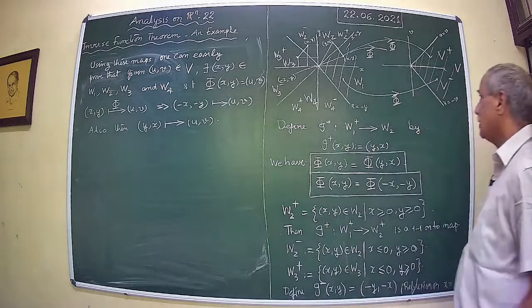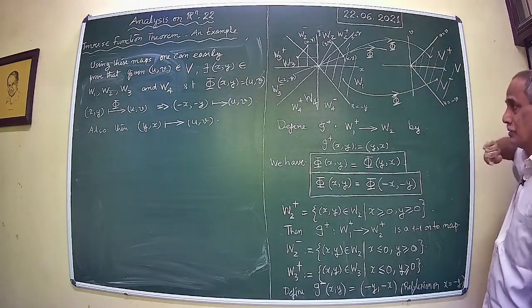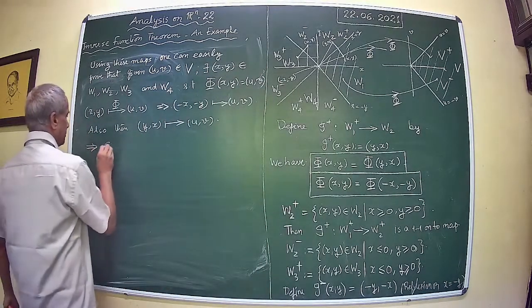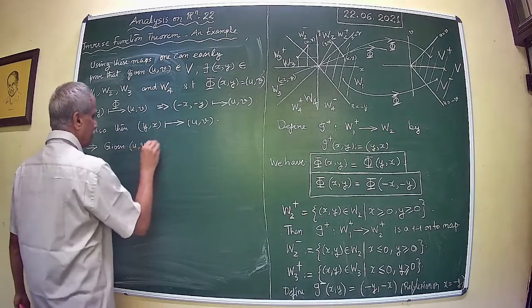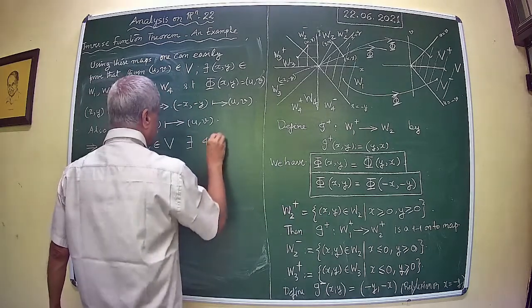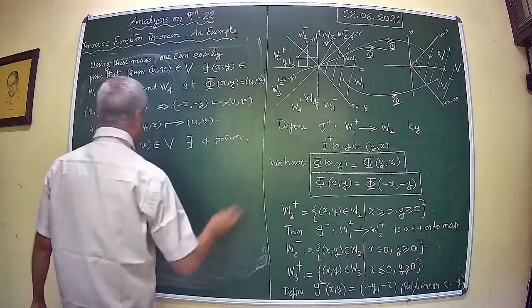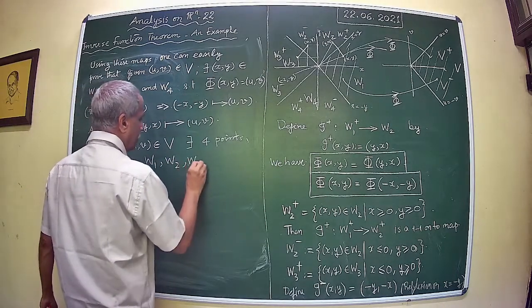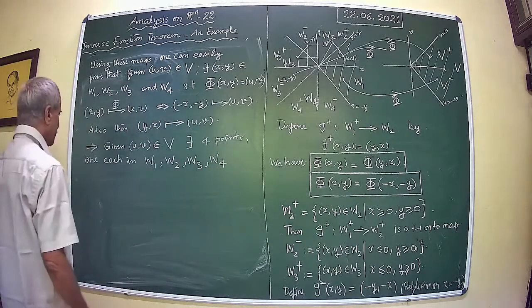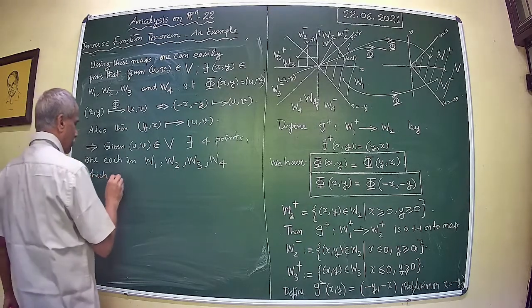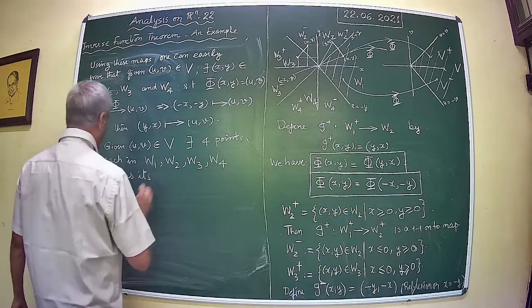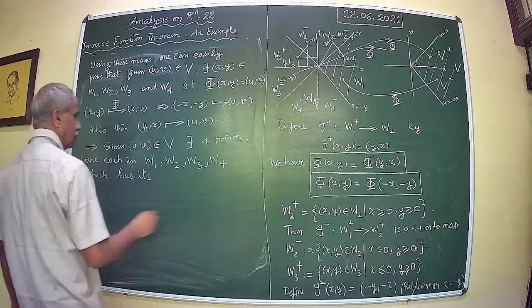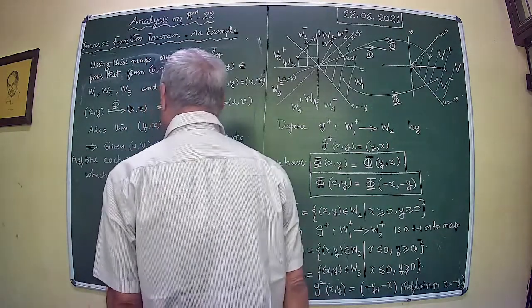Okay, such that once a UV is given, there exists 4 points in the XY plane which gets mapped to it, has its image.